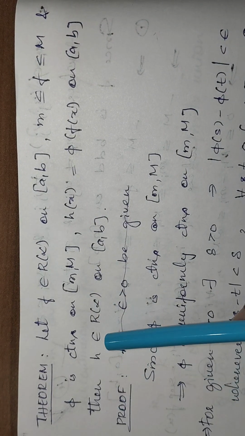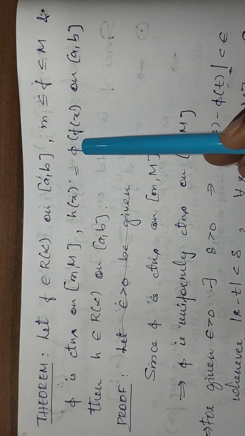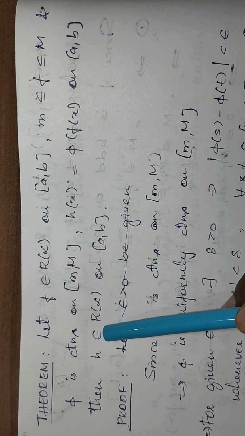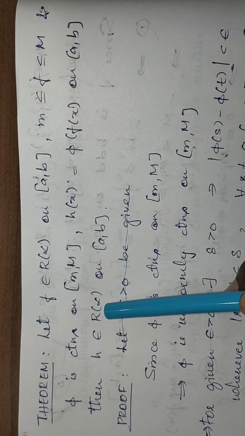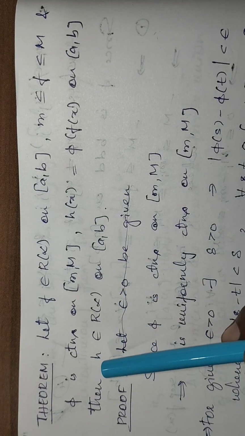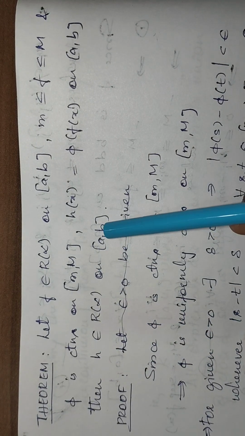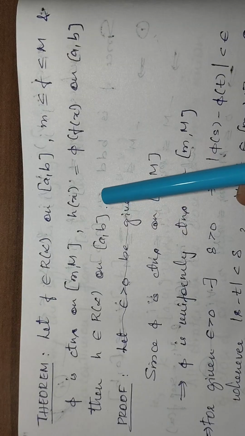Then h, which is the composition of phi and f, is Riemann-Stieltjes integrable, or we need to show that h belongs to R of alpha on closed interval a comma b.